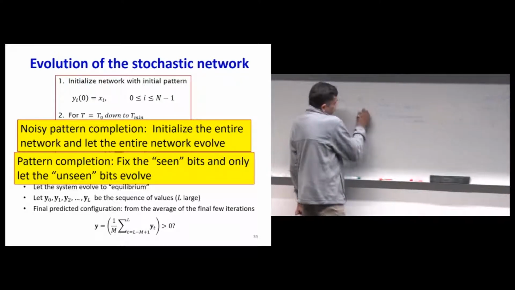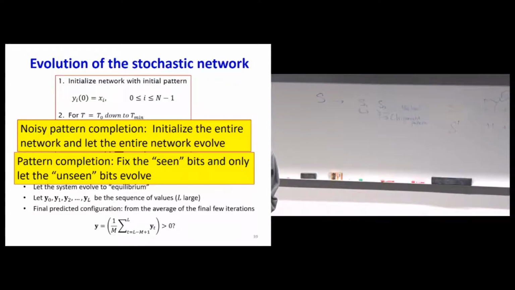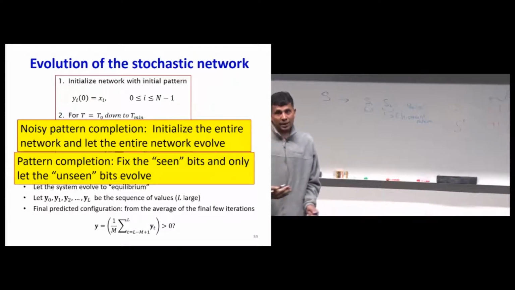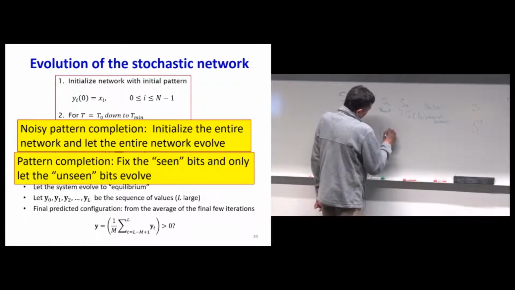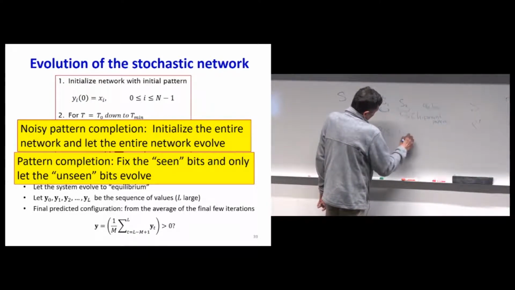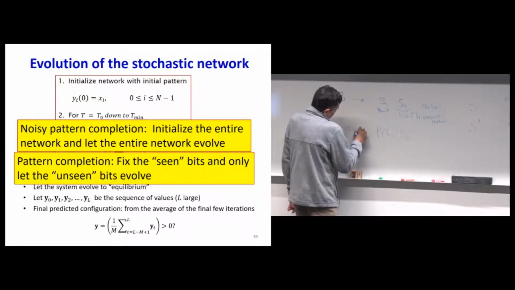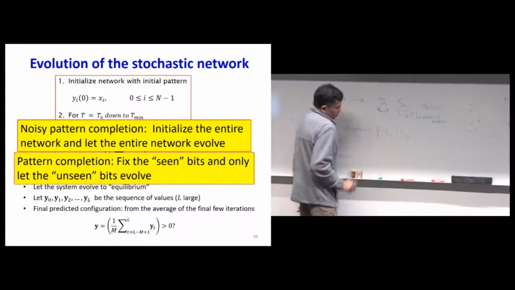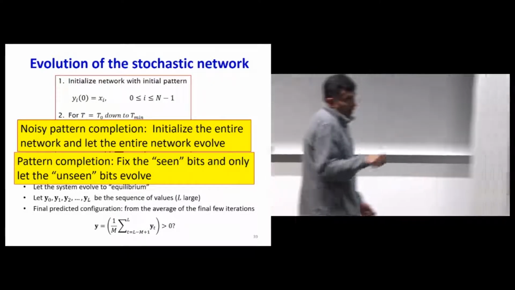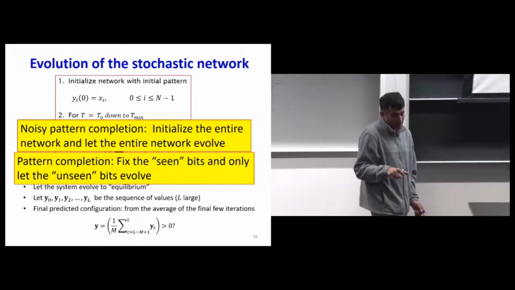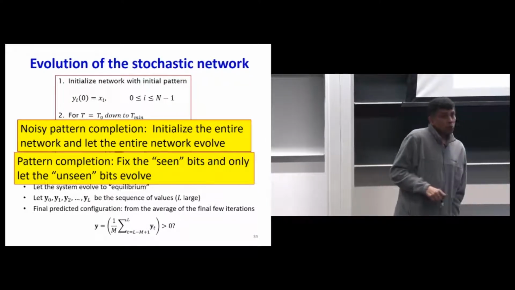And this is the unknown portion that you're trying to fill up. So when you let the network evolve, and you compute this, what you're really doing is trying to find the bit pattern for the remaining bits that is most likely given the portion that you do know.